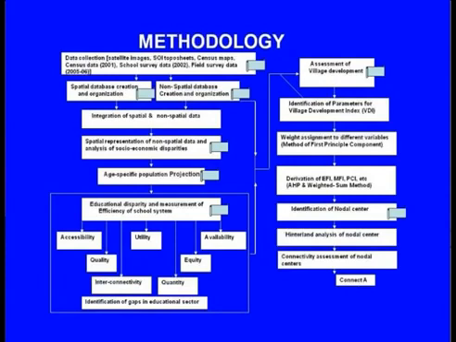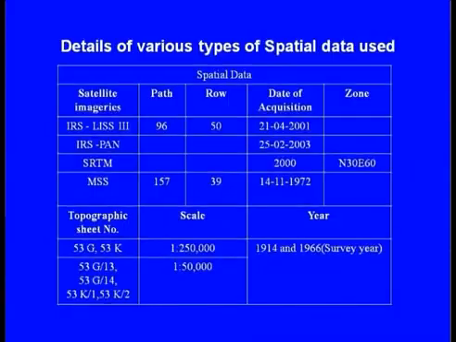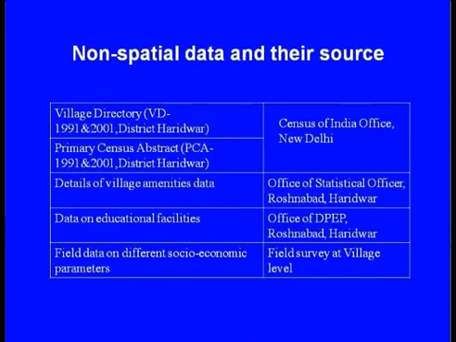This particular slide shows the different types of data which has been used, that is the spatial data consisting of satellite data and the topographic data, and non-spatial data, that is the village primary census abstract, details of village amenities, data on education facilities and field data on different socio-economic parameters and their various sources which have been taken for the collection of data.